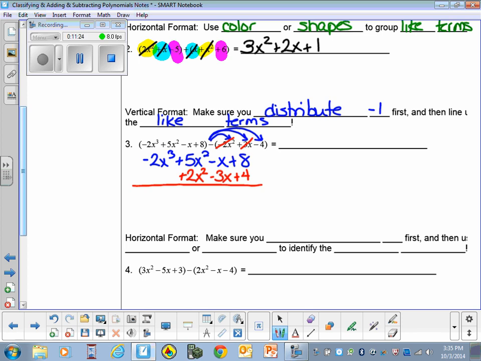I'm ready to just add these together. Negative 2x cubed plus 7x squared minus 4x plus 12. So negative 2x cubed plus 7x squared minus 4x plus 12.